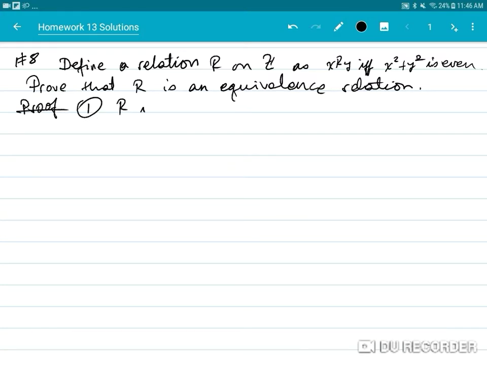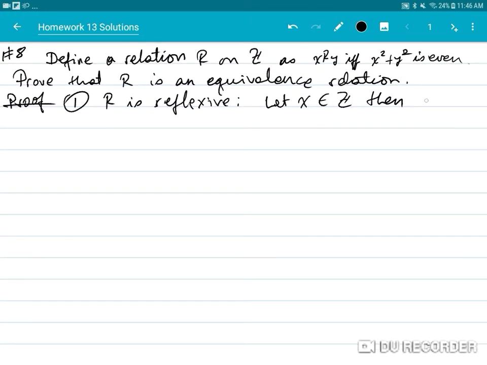Okay, R is reflexive. To show that, let x be an integer. Then what's x squared plus x squared?